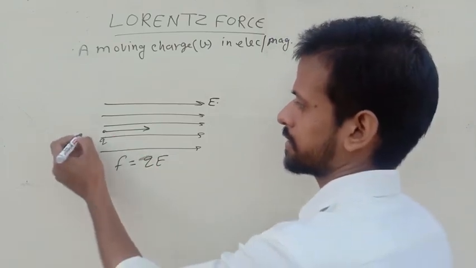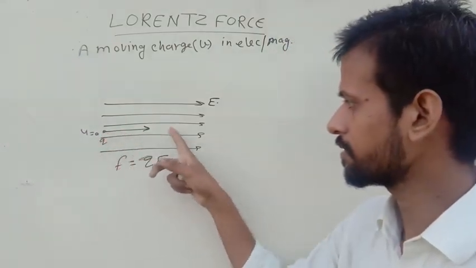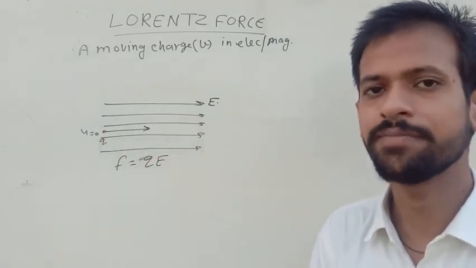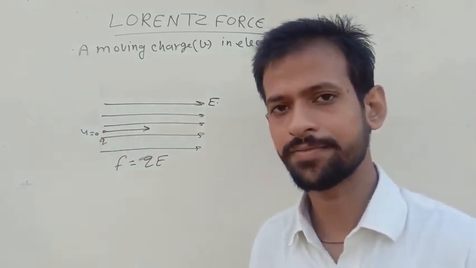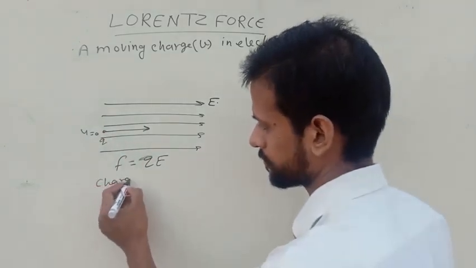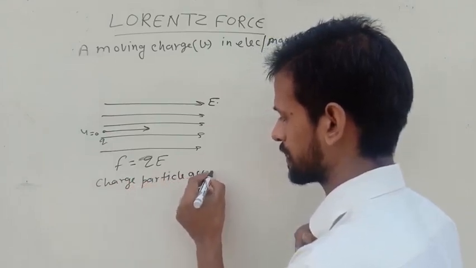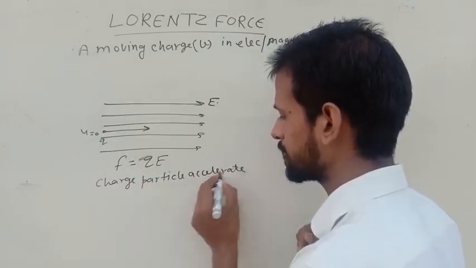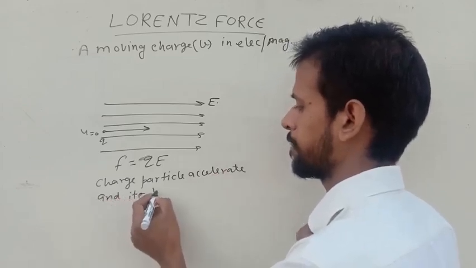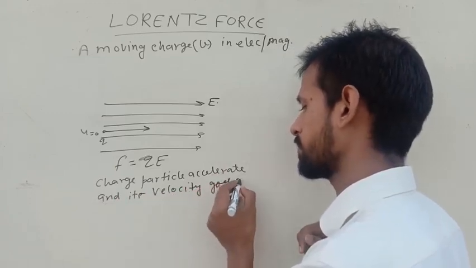Here let us consider its velocity is 0, then it moves in electric field and a constant force is applied on it. It means there is an acceleration. So the charged particle accelerates, and its velocity goes on increasing.